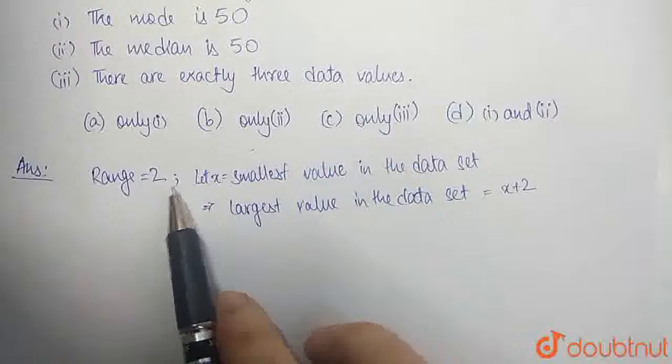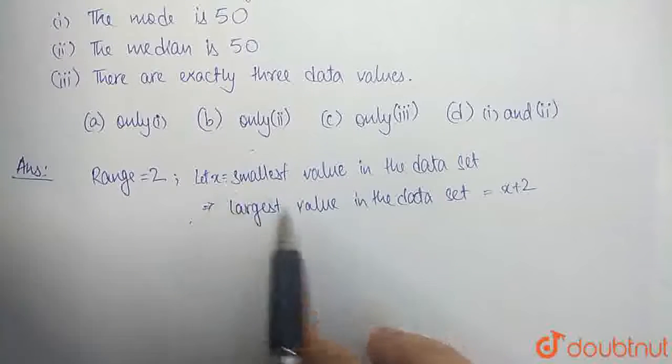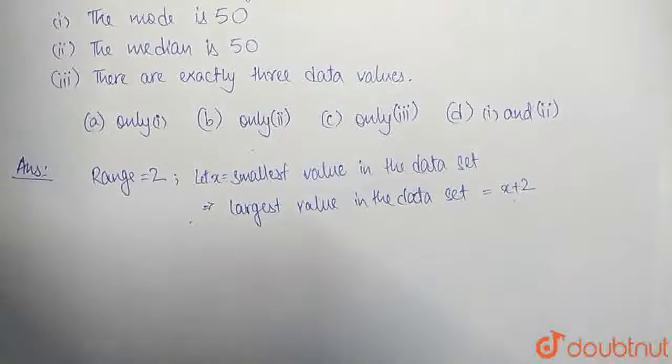The range here is 2, which means if the smallest value is x, then the largest value must be x plus 2, right?